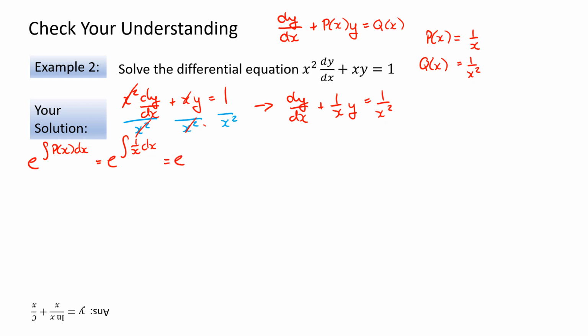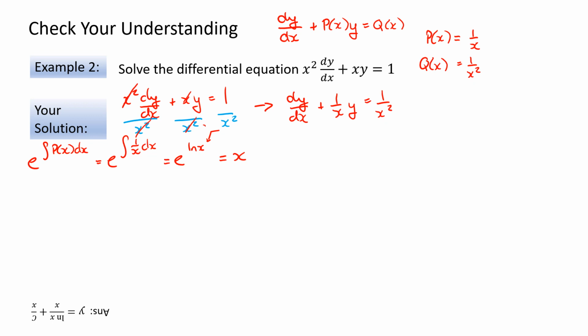That integral is e to the ln of x, because the integral of 1 over x is ln x, and e to the ln of a function is simply whatever is inside the ln function. So this is just equal to x. So my integrating factor is just x here.